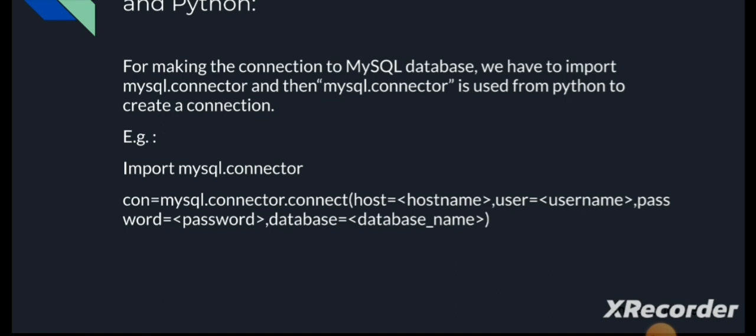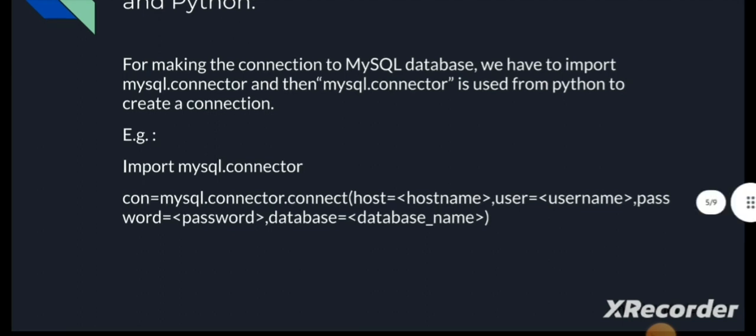In that bracket you have to type the defined entities: first host, then username, then password, and for a particular database, if you want a connection between a particular database and Python, you can also type database, which is not that important for creating a connection, right?